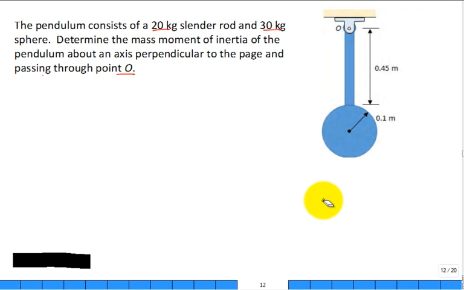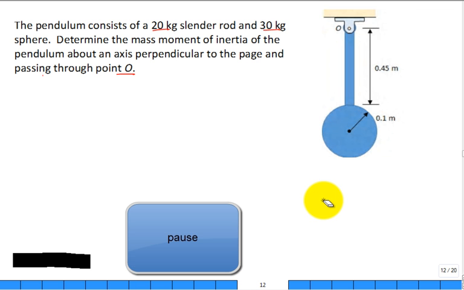It's going to be a composite of a slender rod and a sphere. And you're going to have to say, where is the centroid of the slender rod? And where's the centroid of the sphere? And then use the parallel axis theorem to shift them up to center O. Make sense? Go ahead and get started. I'll pause and walk around and see how far you get.